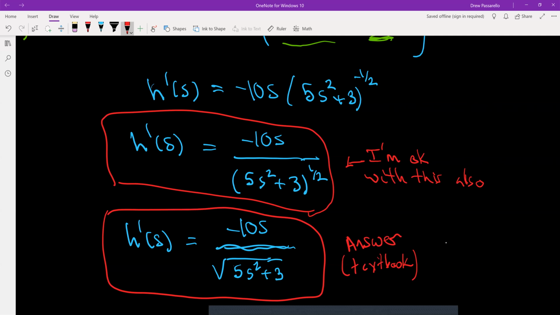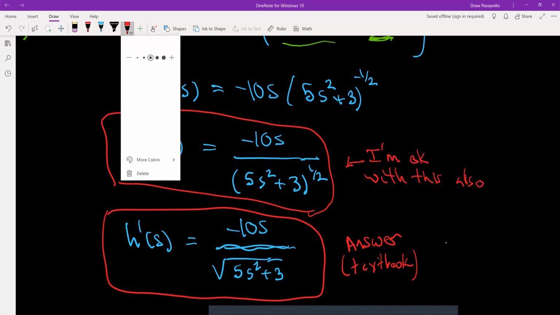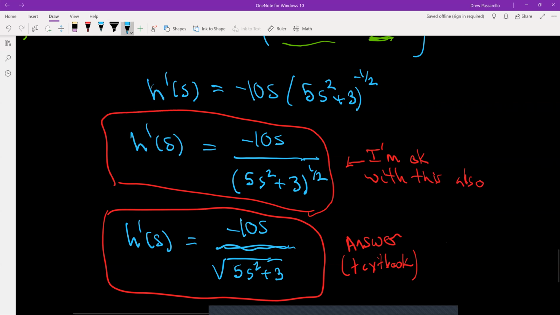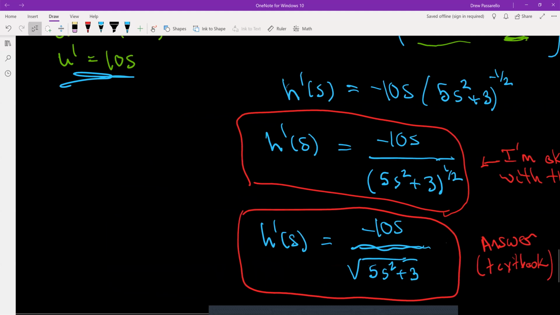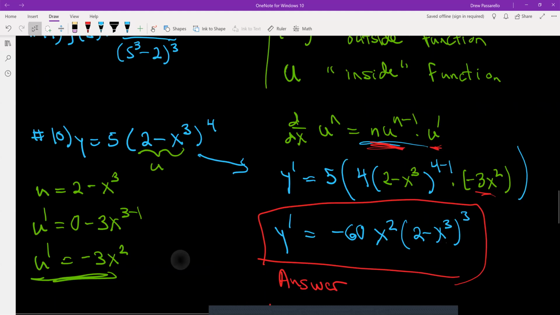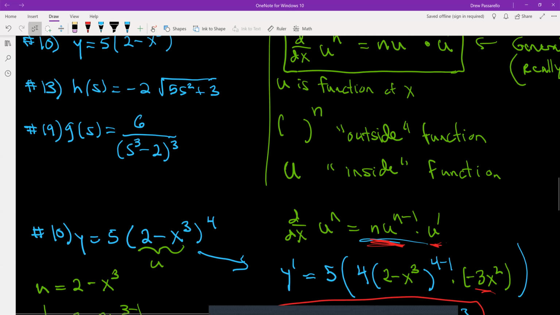Now the next problem is number 19. So notice you have a fraction, and when you have a fraction, you could use the quotient rule. I'm going to use the chain rule, and show how you would do that.